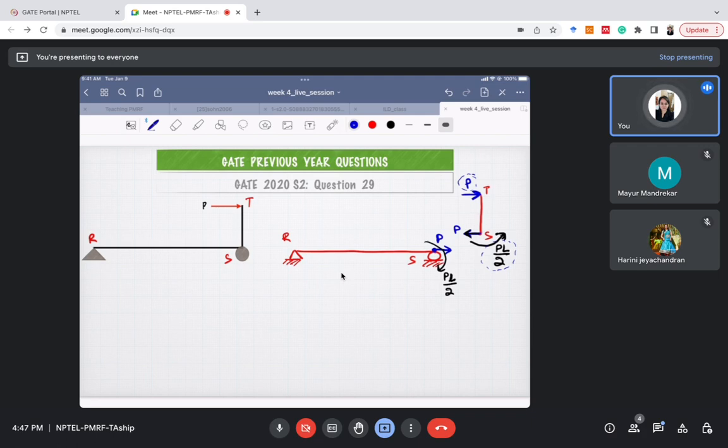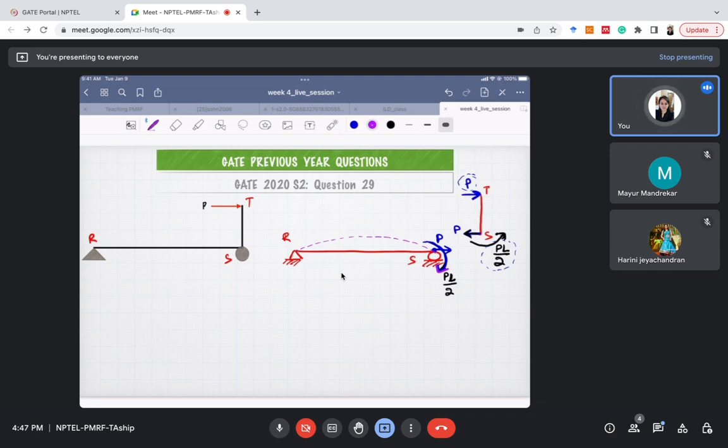So I am not considering the effect of this load P here. Now, for this moment PL by 2, what would be the deflected shape? Just to know the deflected shape, see how this arrow is moving. This arrow is pushing the S part in upward direction. So the deflected shape will be something like this, because this arrow will move it upward.